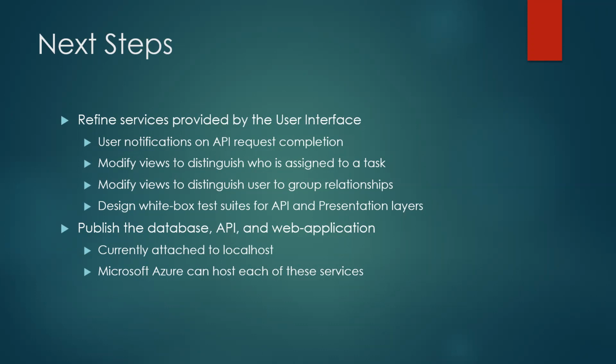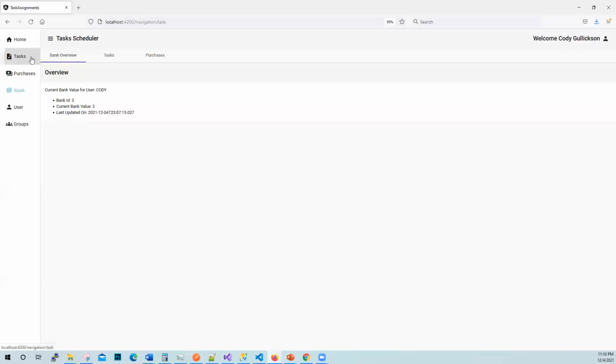Finally, as it may have been seen throughout the overview of the application, some of the CRUD operations are missing on pages. For example, looking at the task tab, there is a tab to modify tasks.